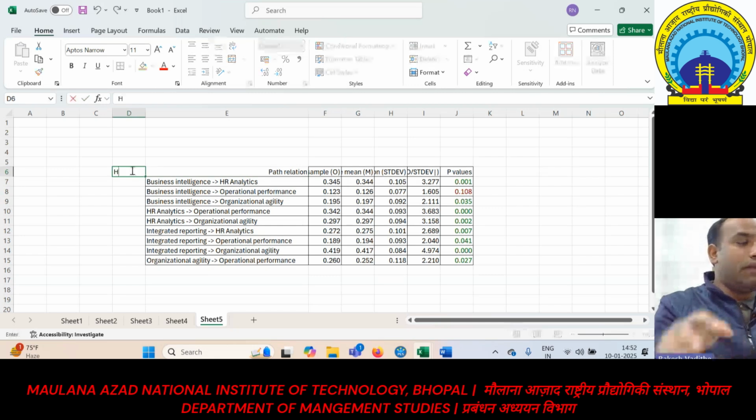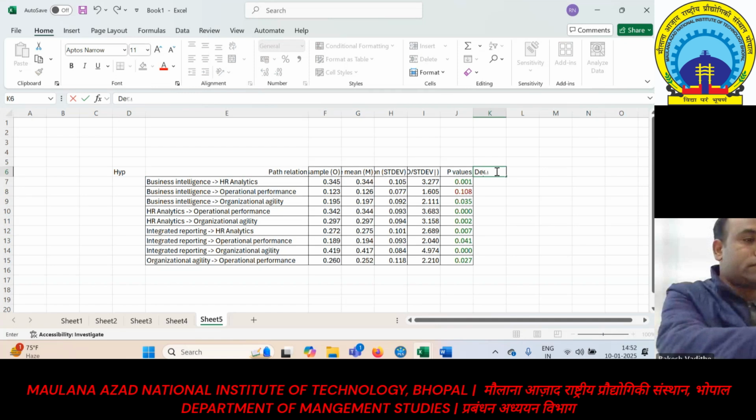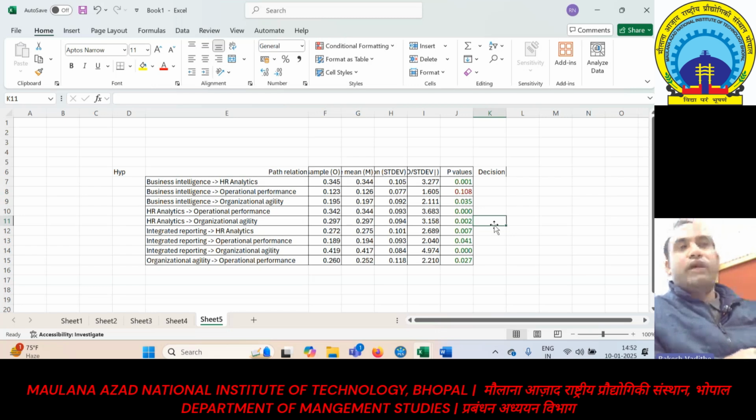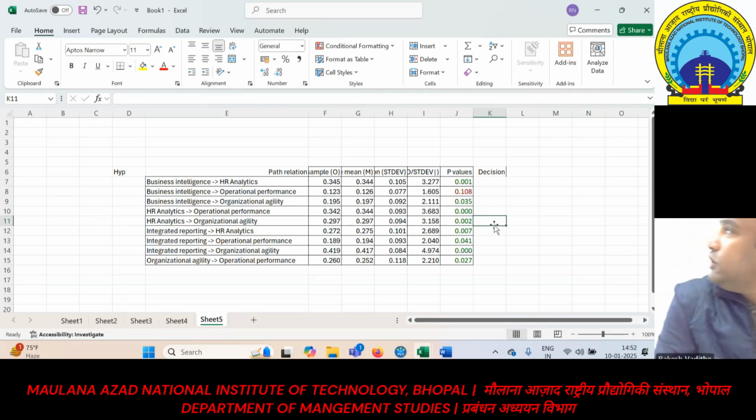Here I am making the hypothesis. Here, the decision. Copy the table from the structural model data analysis one, and here, you can observe this table.